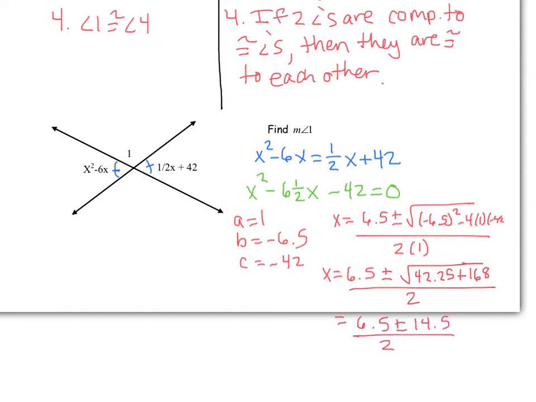So our two answers are x equals 10.5 or -4. Now, of course, we're still not done because this is geometry, not just algebra. Now we've got to actually plug that answer in.